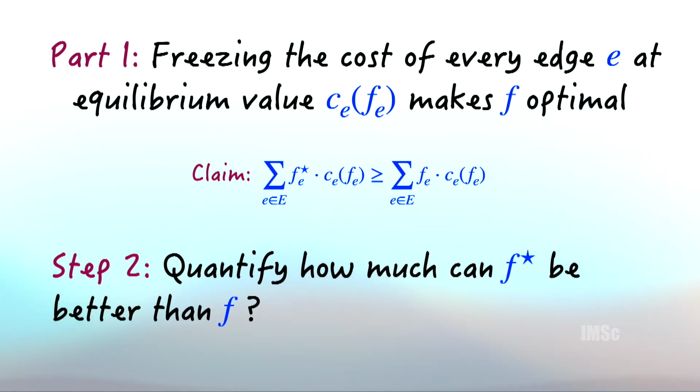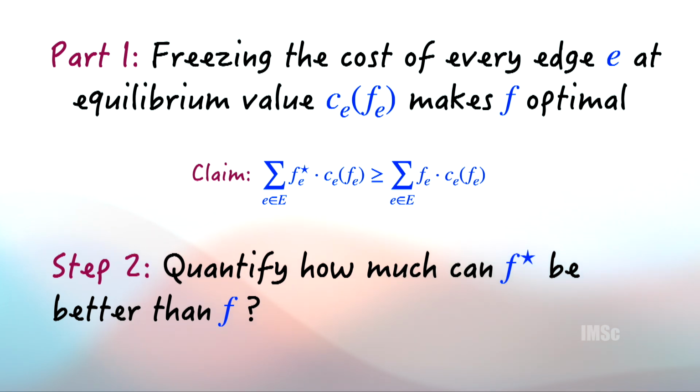In other words, is it not possible that the optimum flow, even though it is using the cost induced by the equilibrium flow, still distributes the R units of flow in such a way that it gets better than the equilibrium flow?